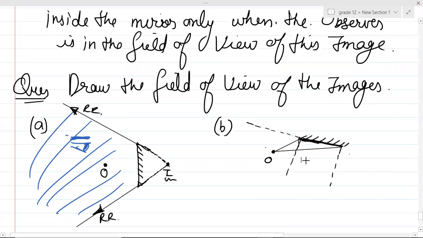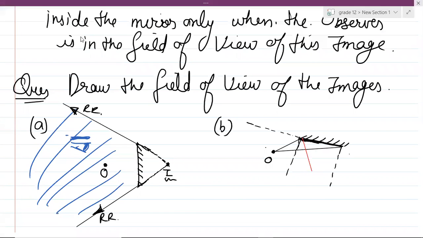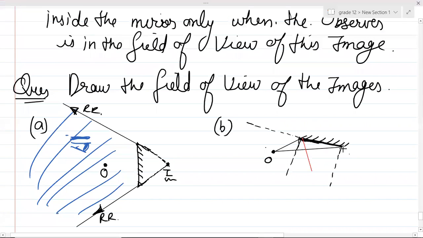The light ray will go like this, and the light ray will go like this. Yes or no? So can you see these are the two reflected rays? If I try to produce them in the backward direction, both will meet at a point. Let me just redraw it.